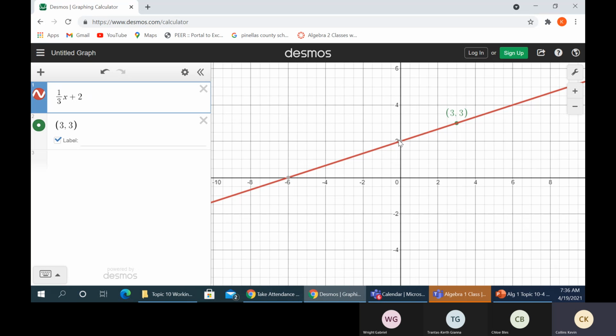So why 3, 3? Because we started here at 2, 0, right? This is our slope. Slope is 1/3. A slope is the change in y. That's the top number. That means y went up 1. So if we go up 1 there, then that's going to be 3, 0. Let's put that point in there.